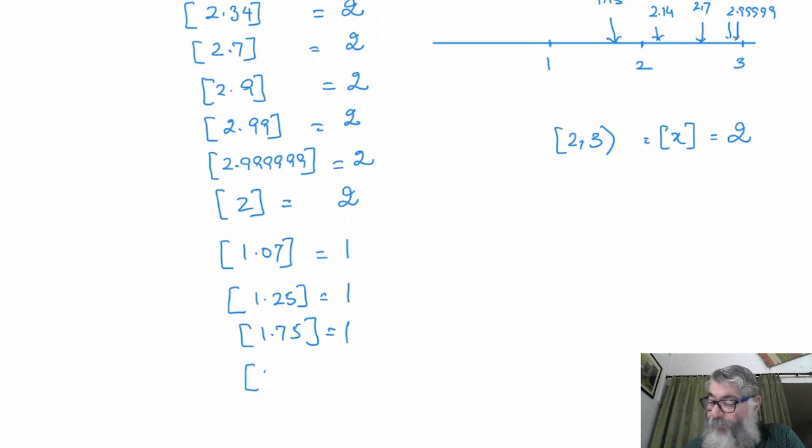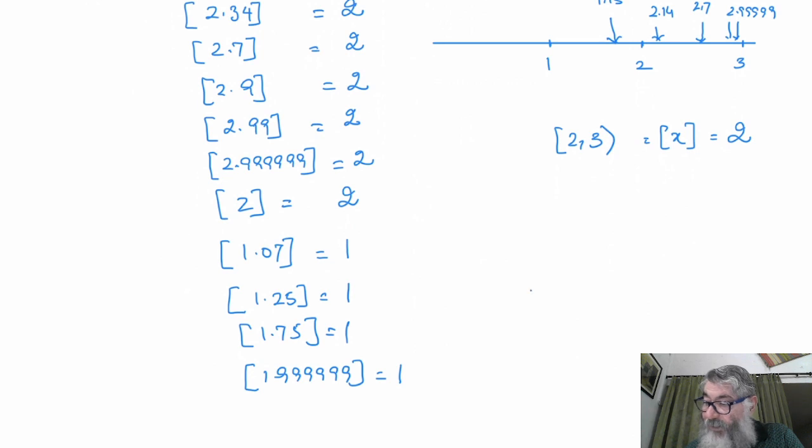Suppose it is 1.99999999, it will be 1 only. If it is not 2, greater than or equal to 1 and less than 2, it will be 1 only.